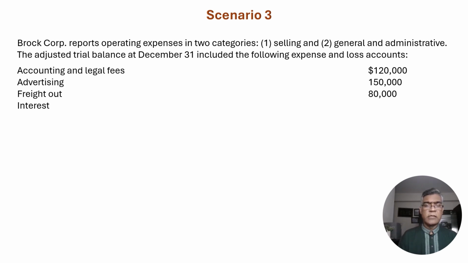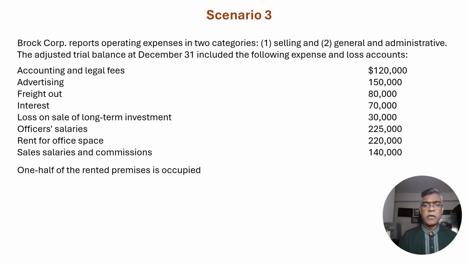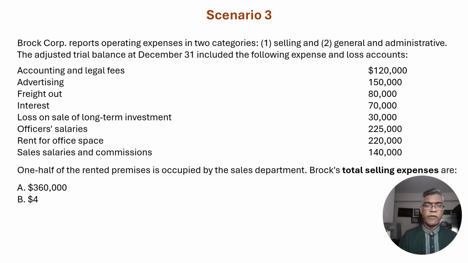The adjusted trial balance at December 31st included the following expense and loss accounts: accounting and legal fees, advertising, freight out, interest, loss on sale of long-term investment, officer salaries, rent for office space, sales salaries and commissions. One half of the rented premises is occupied by the sales department. Rock's total selling expenses are A, 360,000, B, 400,000, C, 370,000, D, 480,000.